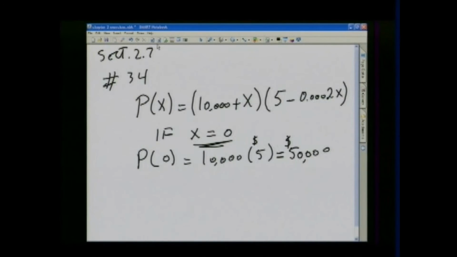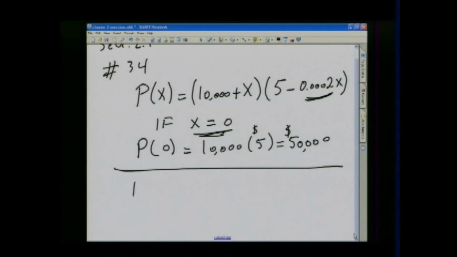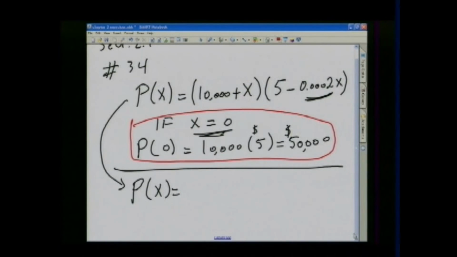Every time X goes up, for every unit of X going up, profit is going to go down by this much. So what we have to do here is to simplify that profit function. This was just an example to understand the problem a little bit better.